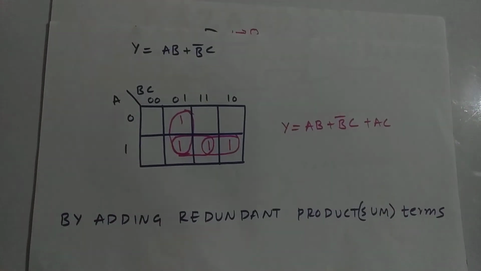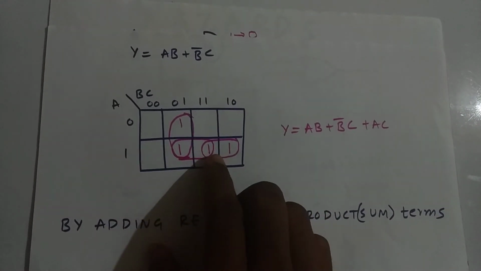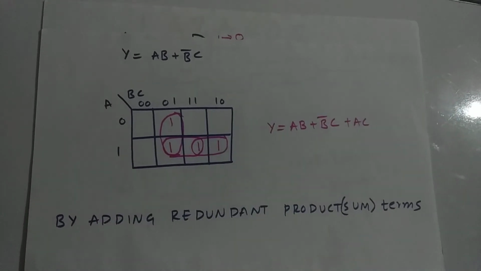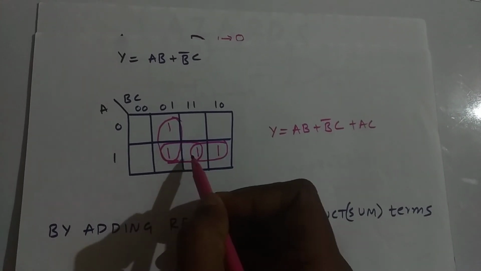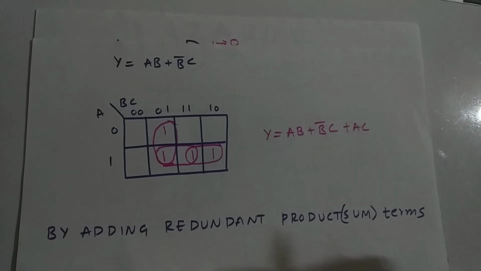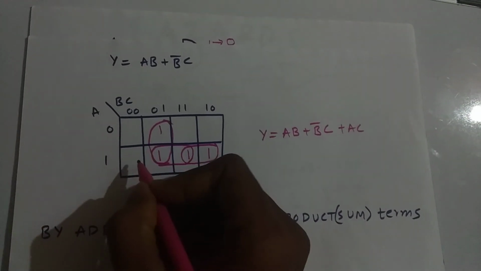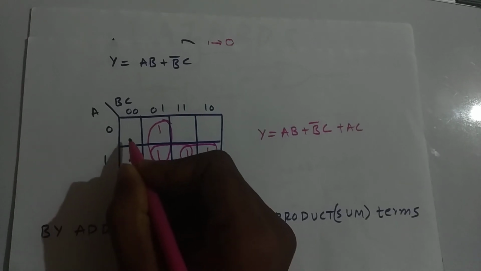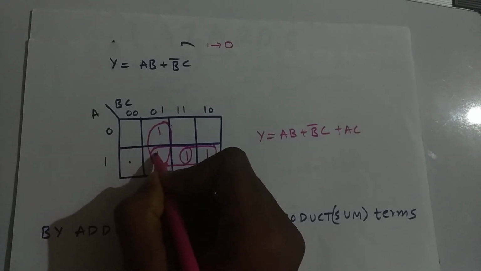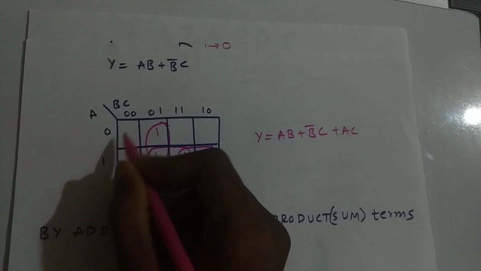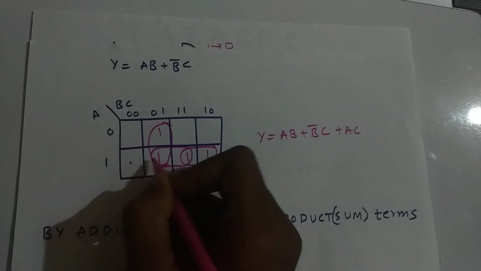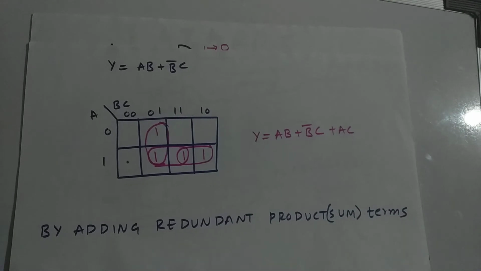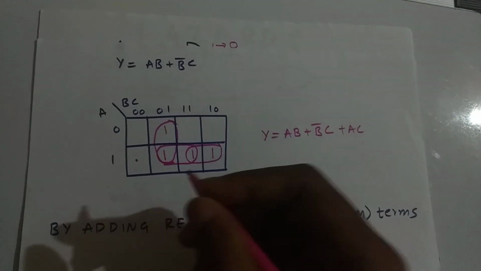So don't forget this point, that whenever the cells are not in a group, then we'll get a hazard for sure. Adjacent cells, for example, this is a cell, so adjacent cells means this and this and this. So these are the adjacent cells. If any of them has 1, that means they need to be grouped in a single group for sum of products.